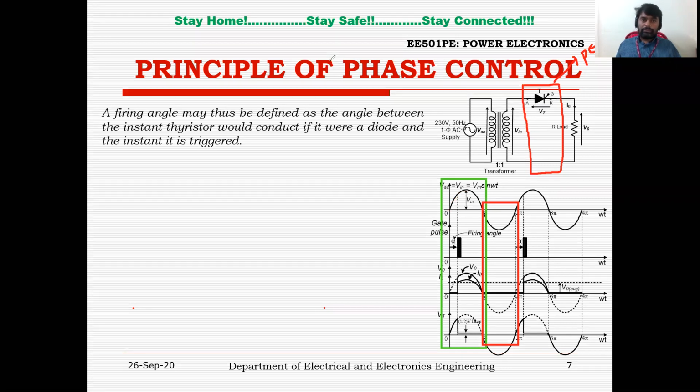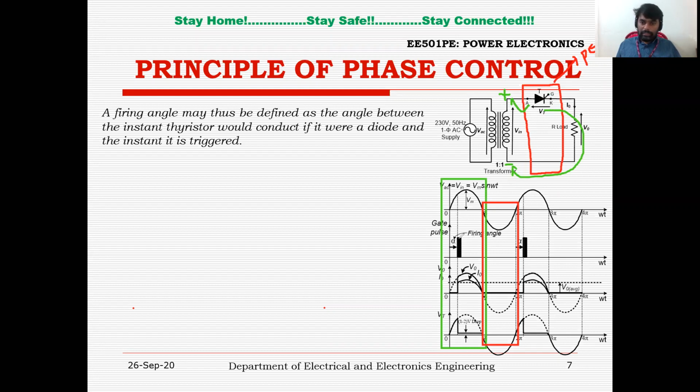Now if you see, during the positive half cycle, this polarity will be positive and this polarity will be negative. That means the anode of T is connected to positive and the cathode of T is connected to negative through the load, which means the thyristor is in forward biased condition, and you can turn it on with the help of the gate terminal.